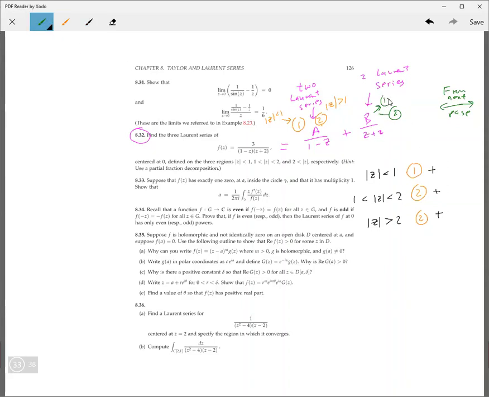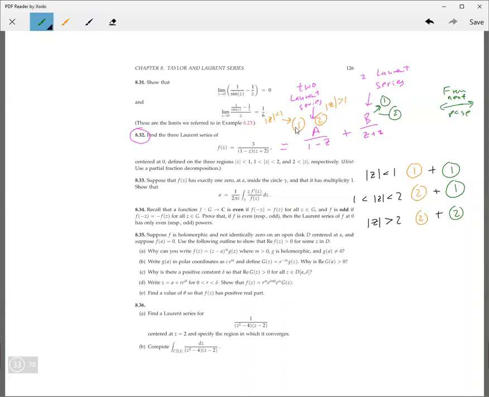The first one converges for modulus of z less than 2, so that one converges here and here. And the second one converges for z greater than 2. Those will be your 3 answers.